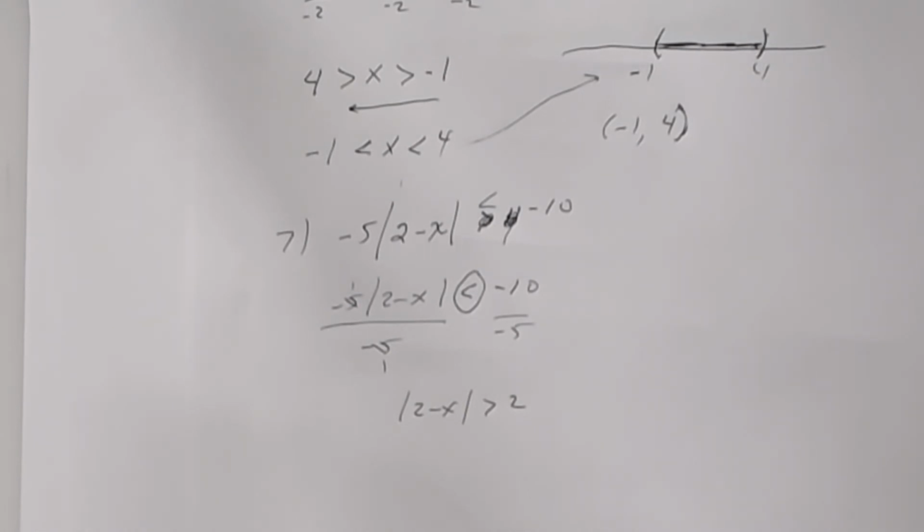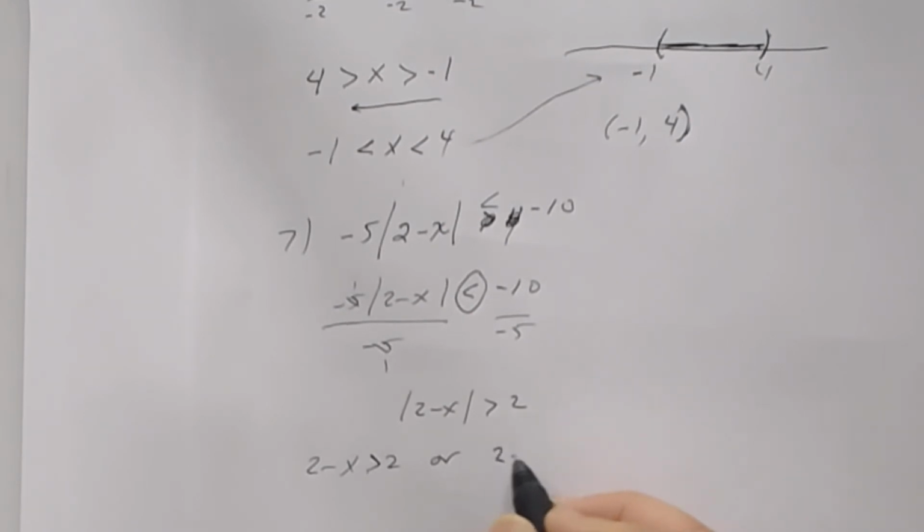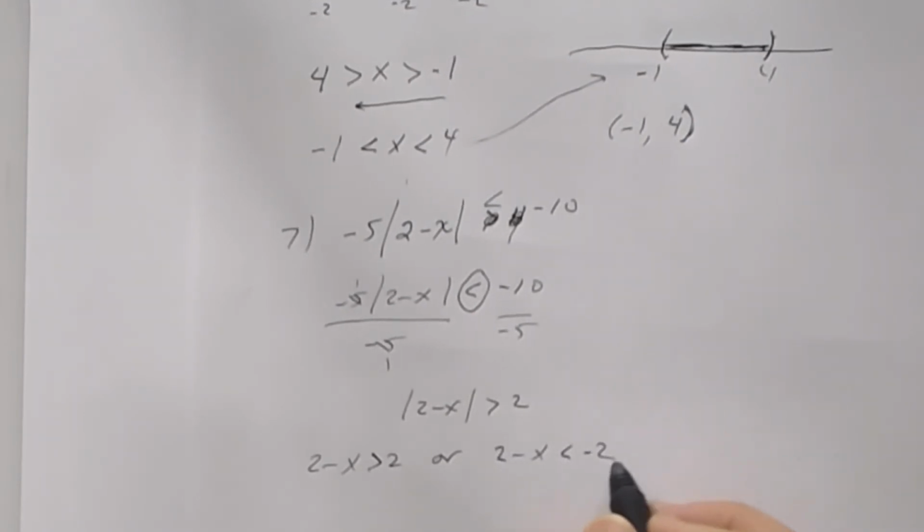Okay, so is this going to be 2 intervals that I'm dealing with or 1 interval? 2. So it's an or statement. So 2 minus x has to be what? Greater than 2, or 2 minus x has to be less than -2.